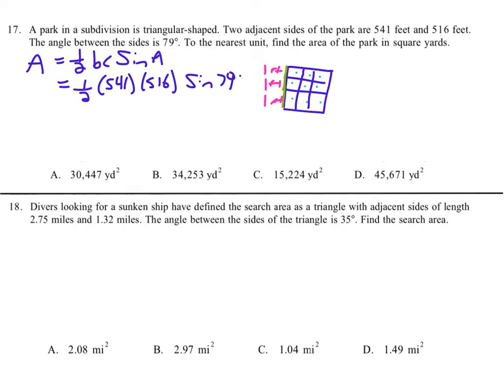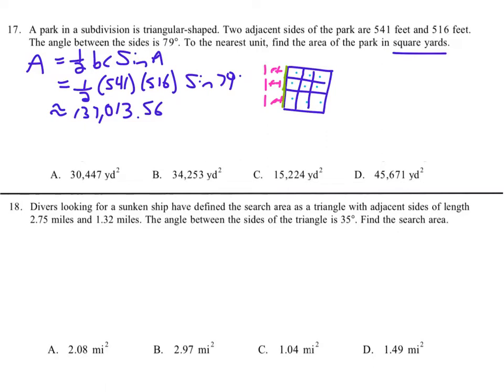Makes sense. So the answer that I got when I calculated this was 137,013.56 approximately. But I need to turn it into square yards. They're asking for it in square yards. So I need to divide that up into groups of 9.